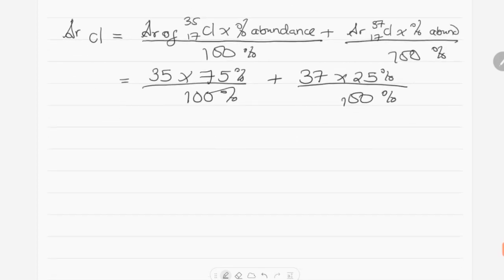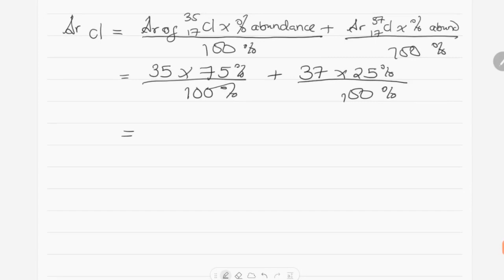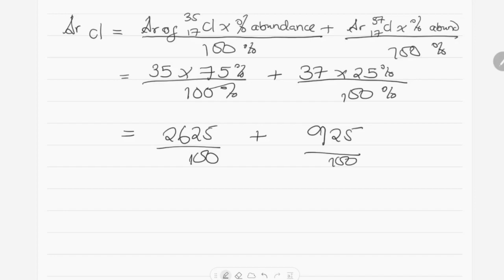When you multiply, you get 2,625 over 100 plus 925 over 100. Then this will give us 26.25 plus 9.25.